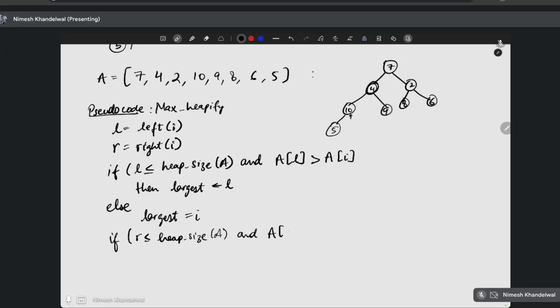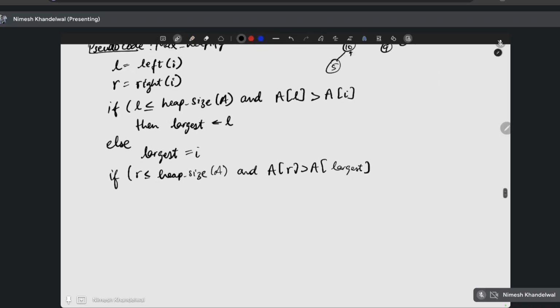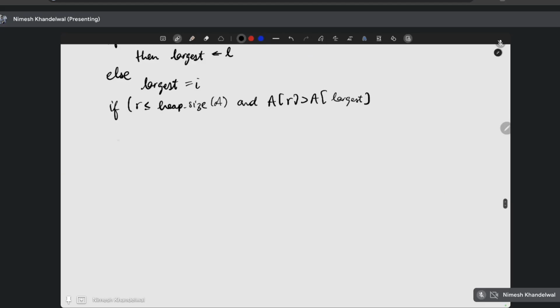And if A of R is greater than A of largest, then largest is R, else I is already largest, or whichever of I and L is largest.